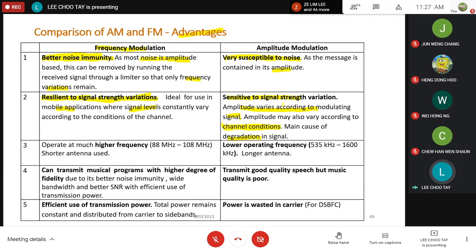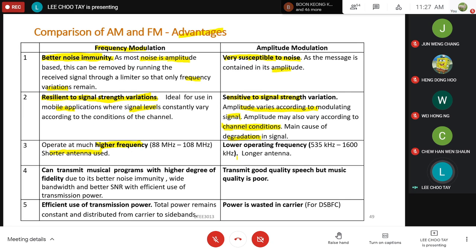Then the third advantage of an FM signal is that it needs a shorter antenna. This is due to the fact that the FM signal operates at very high frequency. When the frequency is high, the wavelength is low, so when you have a small wavelength, your antenna required is shorter.